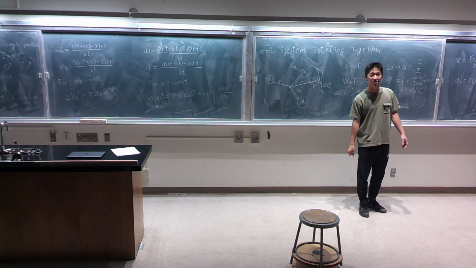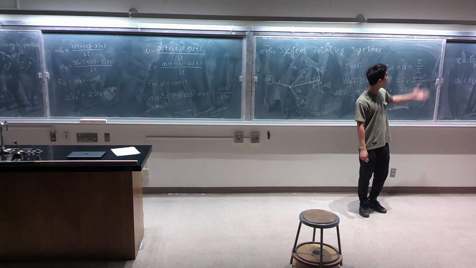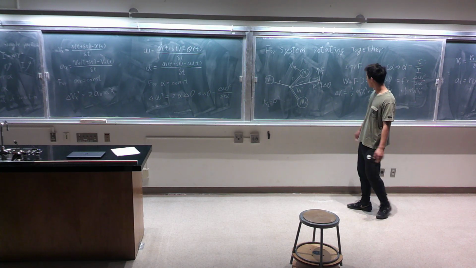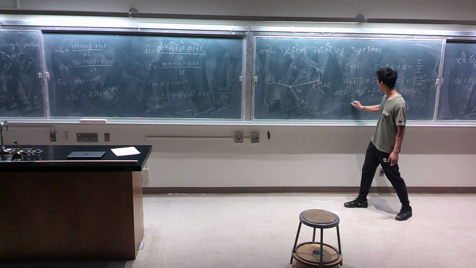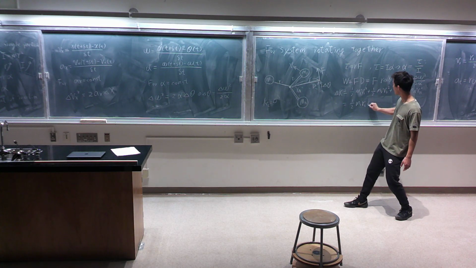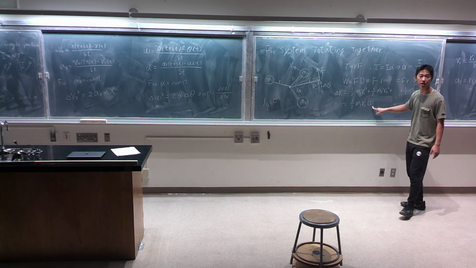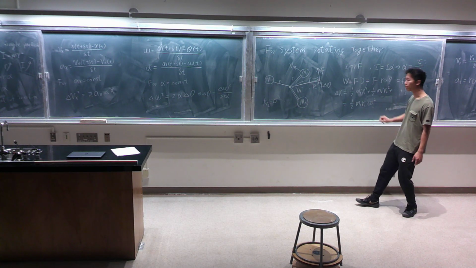V equals radius times angular velocity. Good. V equals R omega. So you can replace the V here with their individual radius, and omega is the same for the entire system. It is V squared, so you need to square both of them. Okay?